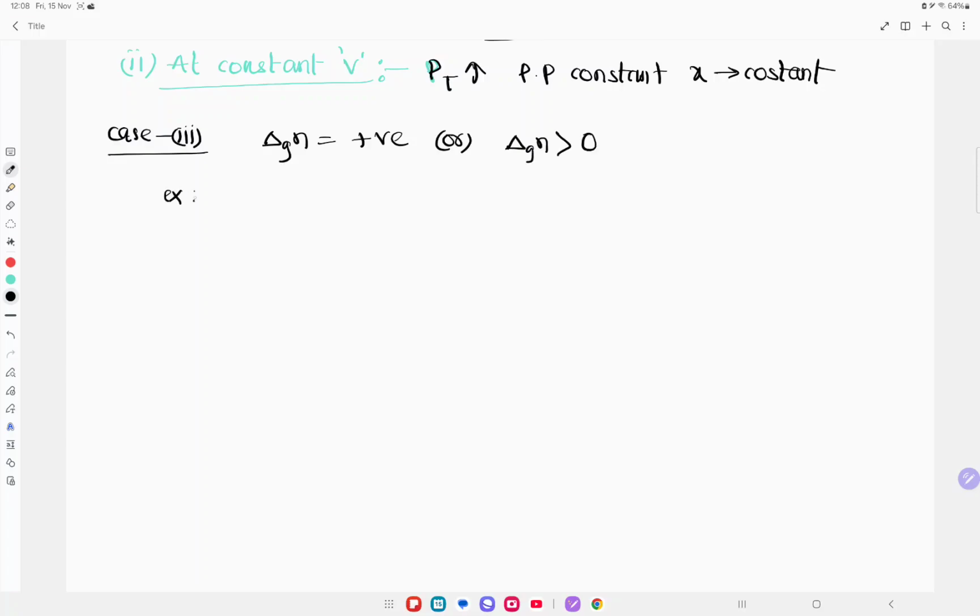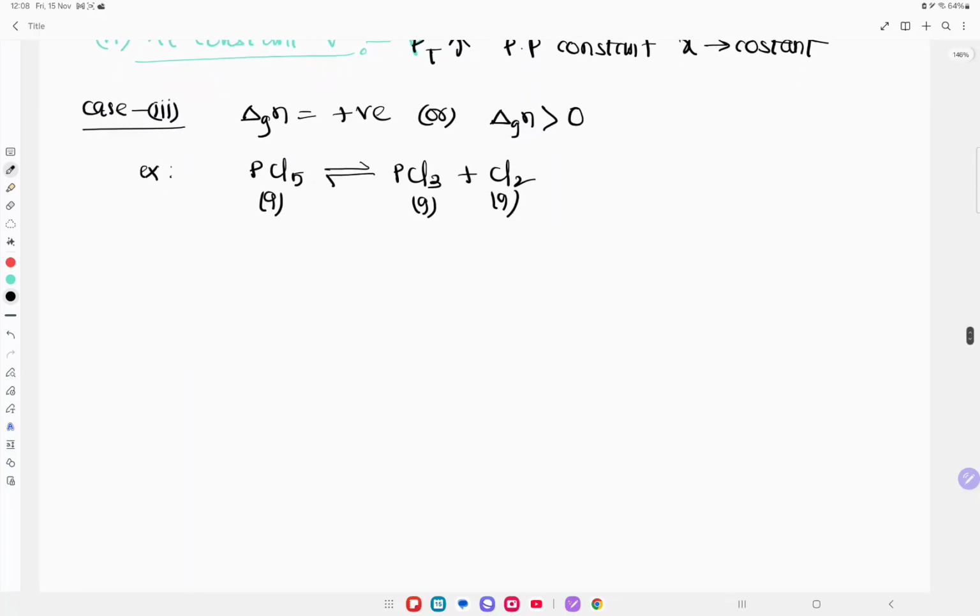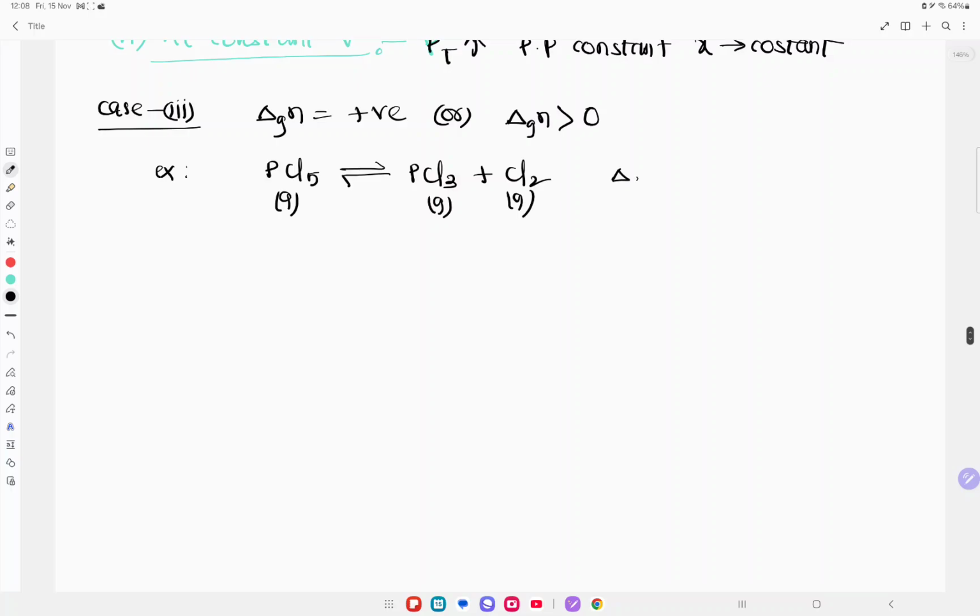For this type of reaction, an example is PCl5, phosphorus pentachloride gas, dissociating to give PCl3 gas plus Cl2 gas. For this type of reaction, what is delta n?